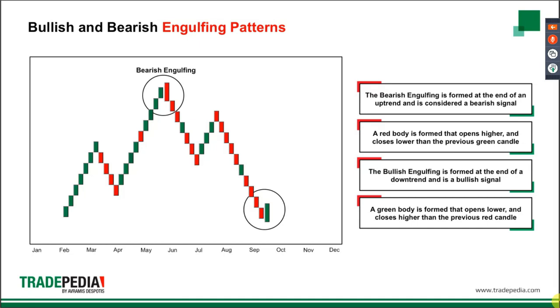Preferably it covers the whole previous candle, so that includes the wick of the previous candle. So that's a bullish engulfing candle, where a green body is formed that opens lower and closes higher than the previous red body.